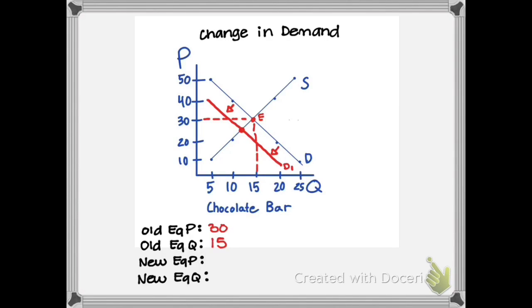So here I'm going to go horizontally, which is 25, the price. And then vertically, which is 12. This is my new equilibrium point.